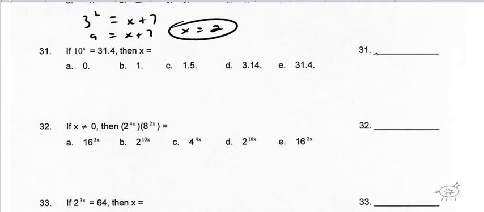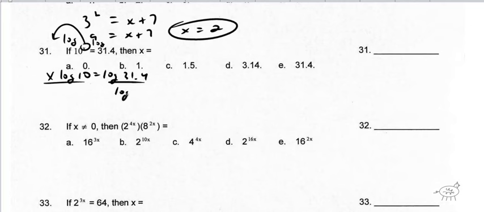This one, you can take the log of both sides. And then the x goes in front. So you get x log of 10 equals log of 31.4 and divide by log of 10. And then that's your answer, which actually comes out to be 1.5.